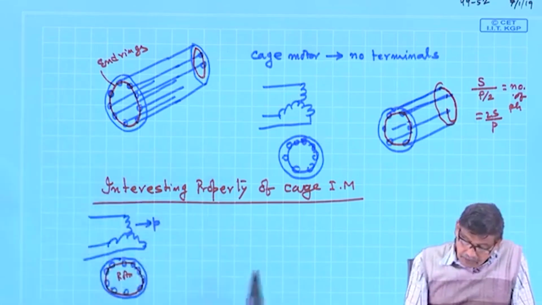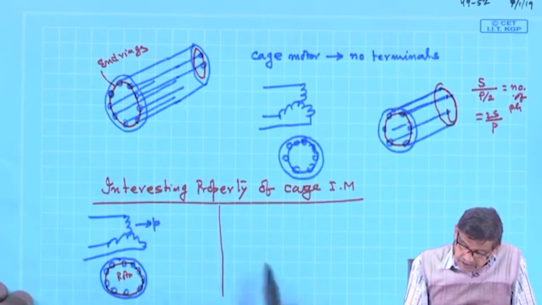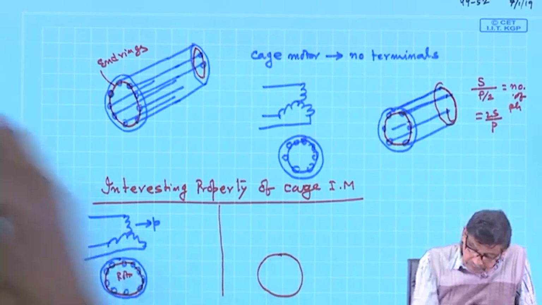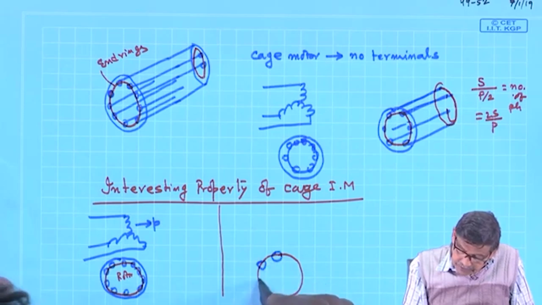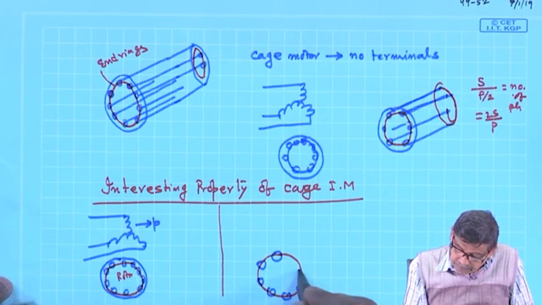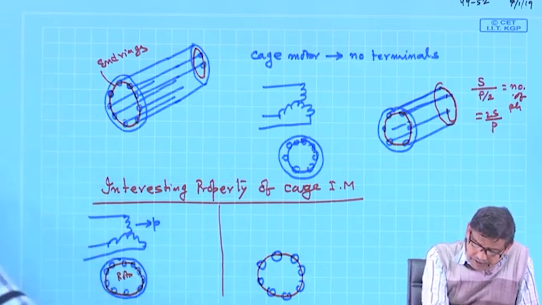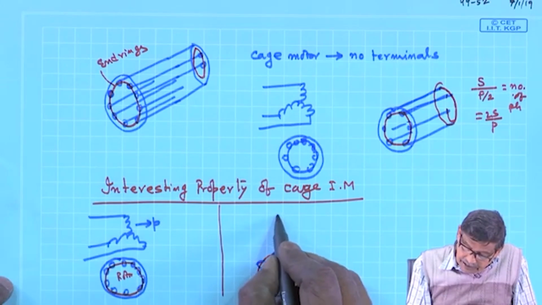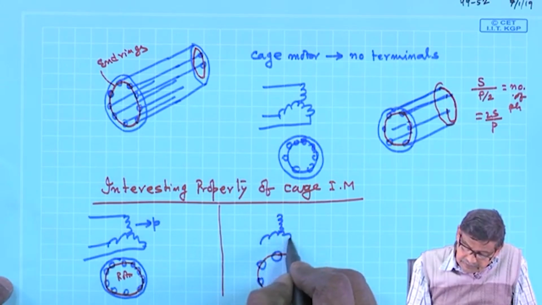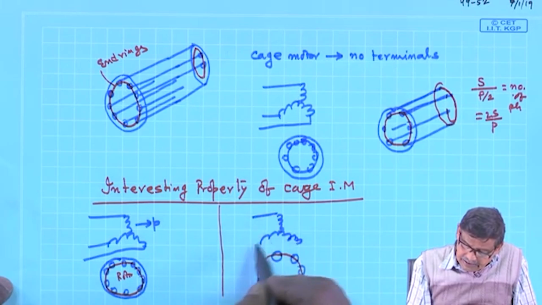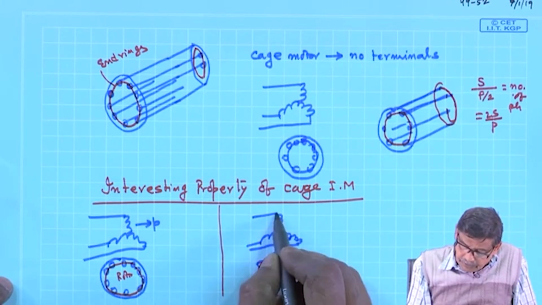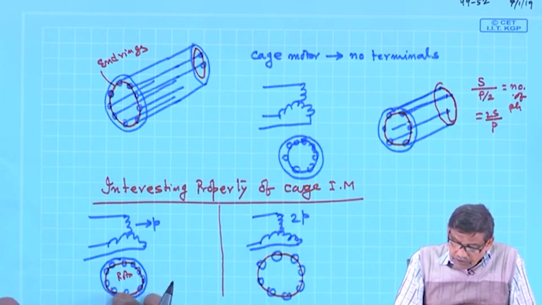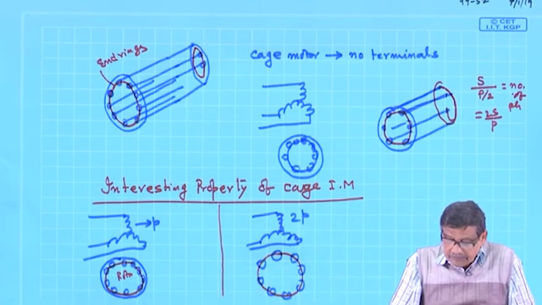Now, what I will do is this, I will have the same rotor, but suppose the stator winding I change, balanced 3-phase winding nonetheless, and suppose the number of poles is 2p. Suppose it is 2 pole, it is 4 pole, stator windings.